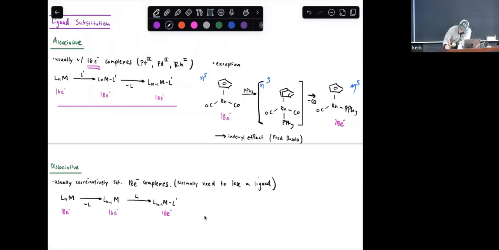If you want to accelerate this further, you can take advantage of an effect called the indenyl effect, first documented by Basolo, now many decades ago.